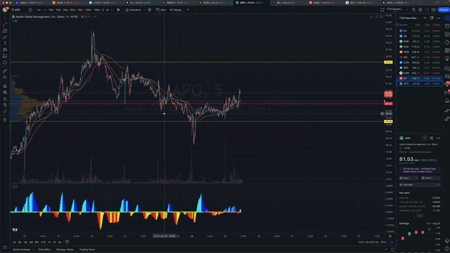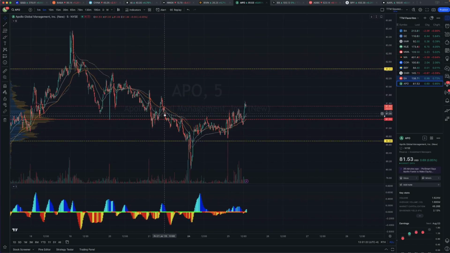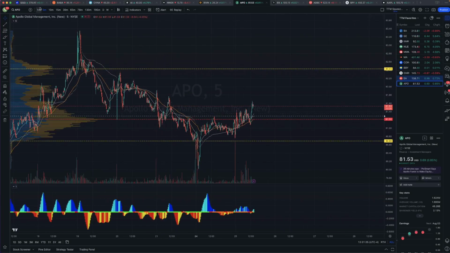Yeah, I like APO for a run into earnings next Thursday. So if I was buying APO, I would buy the August 4ths, 81 or the $82. Might even splurge for the 80s. About $3 a contract.